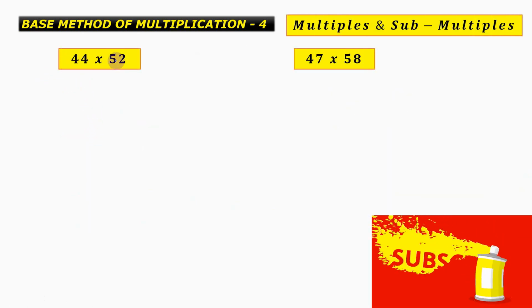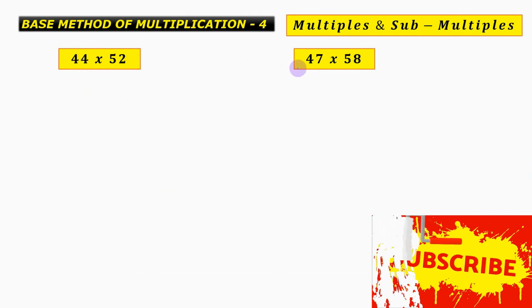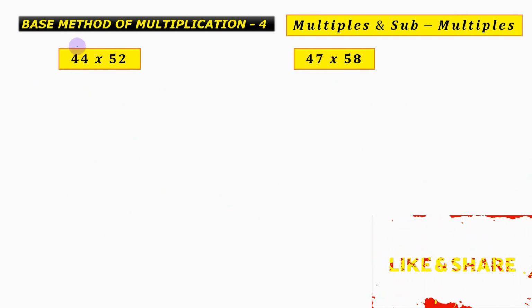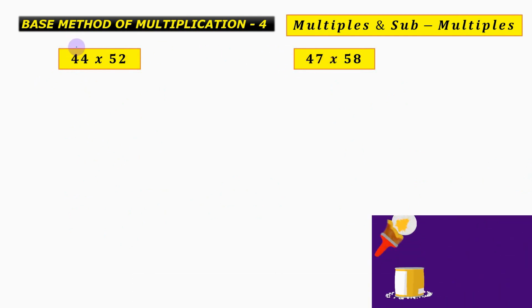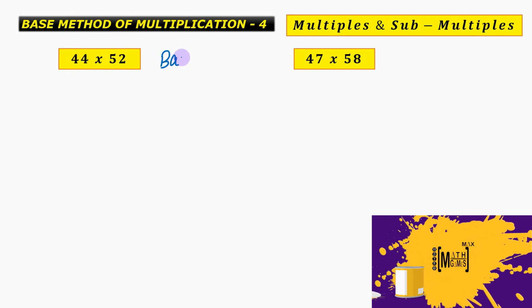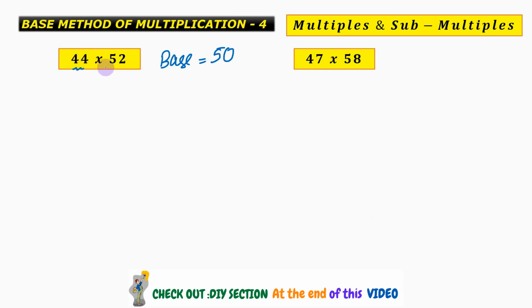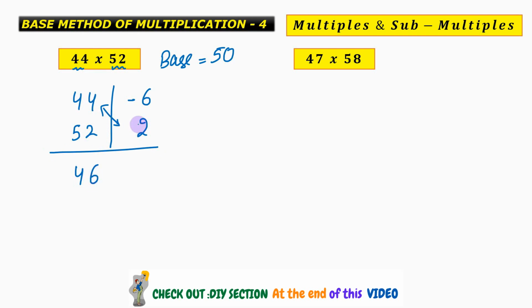So we have 44 into 52 and 47 into 58. Now the base here is again equal to 50. One number is below the base and the other number is above the base. So for 44, we write minus 6 over here. For 52 we write 2. Then you add these two numbers. 44 plus 2 is going to give us 46.